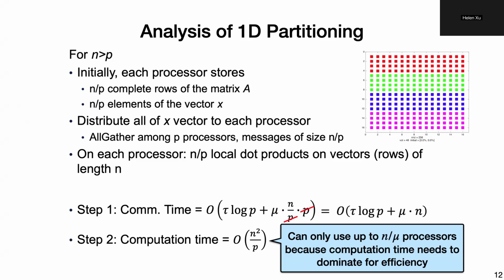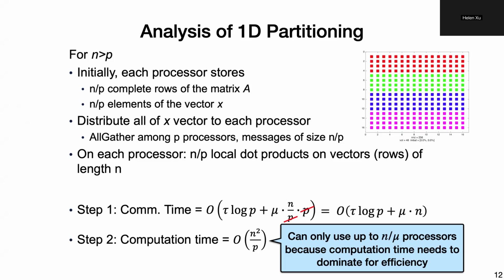Questions? Make sense? So this is a common way that this analysis goes, which is we have two components. One is communication time and one is computation time, and we analyze them somewhat separately. Ideally, if we analyze the computation right, we would like to see something like the serial runtime over p, because if you have p processors, the minimum time that you could spend to do it is serial work over p, because the maximum speedup is p.